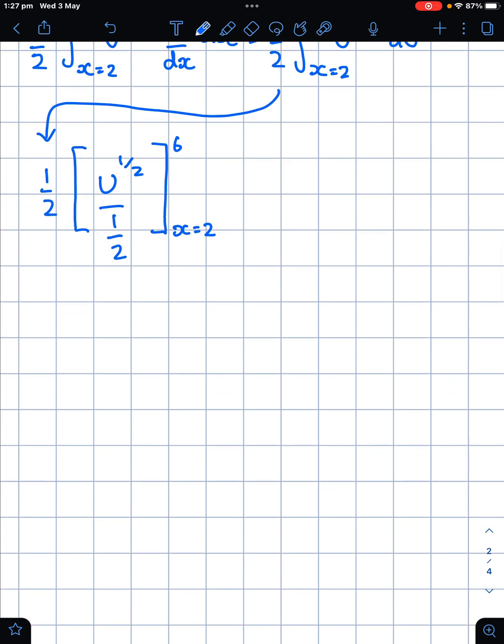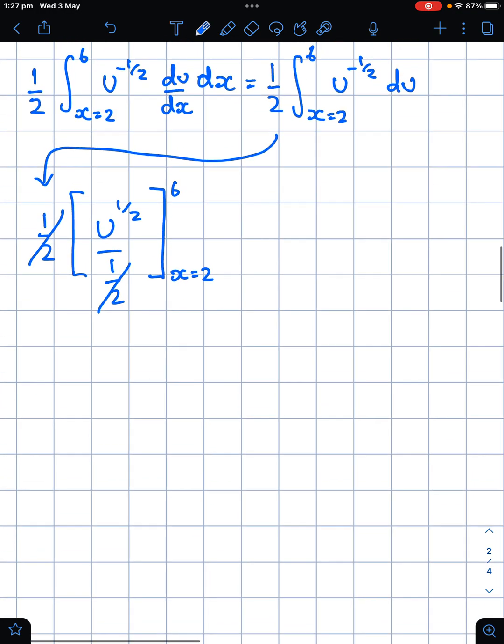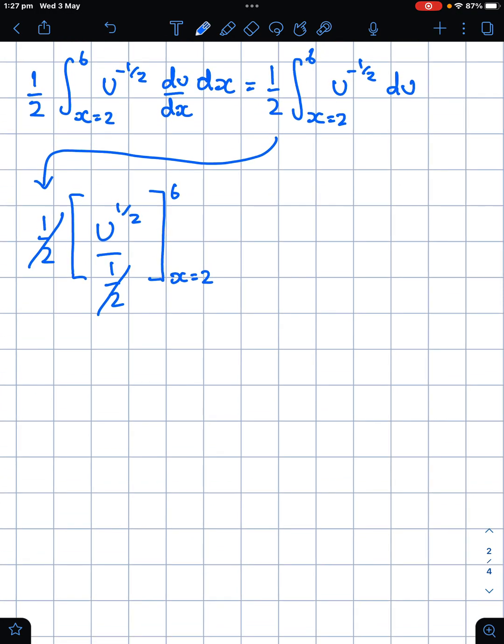Realistically here, we could cancel out these two halves. We've got a half and a half there, or we multiply and that becomes 2. The next step is we need to sub in here. This now needs to become x because we don't have u values out here.